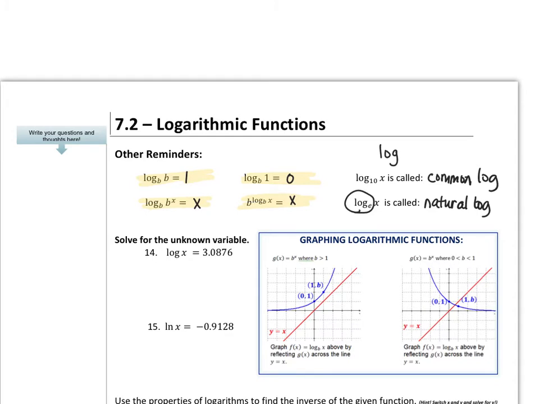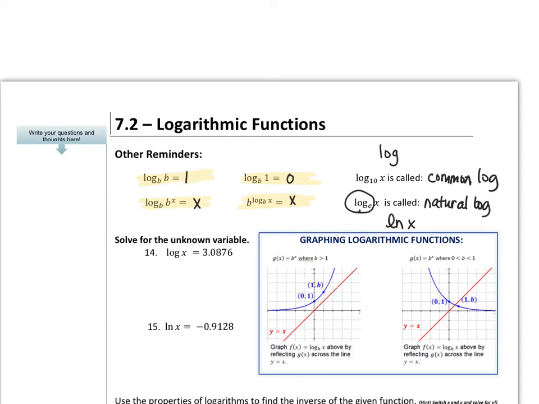Actually, I don't even see it like that, but that's what it means. We usually write it ln. Natural log is ln. There's a button on the calculator that has the ln on it. So that's what you see in the majority of the problems. Those are the only two that are actually on your calculator. The rest you have to use the change of base theorem for.